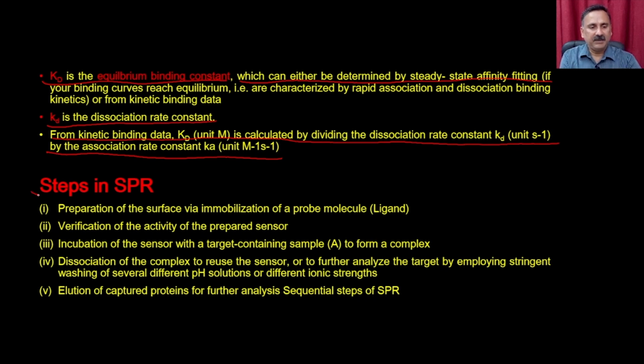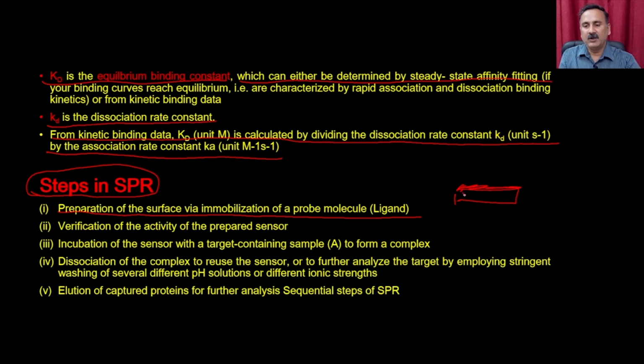And the steps in the SPR: you are first going to prepare the surface while immobilizing the probe. So first you take the glass slide or the gold plated glass slide, right? And you are going to immobilize the enzyme or any kind of probe molecules, right?